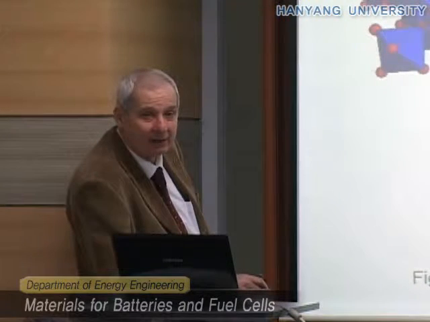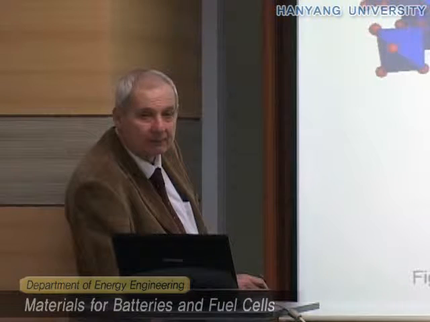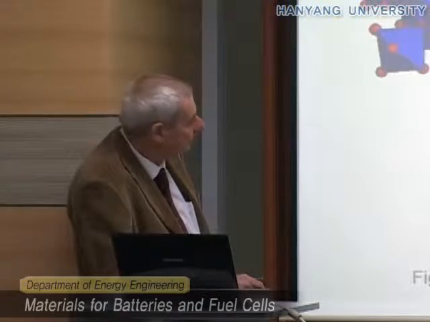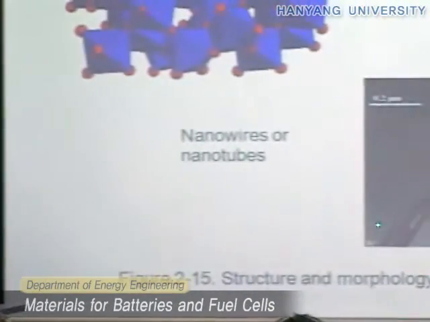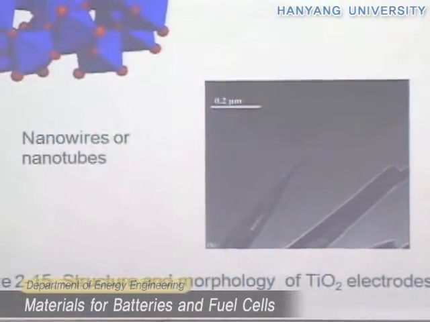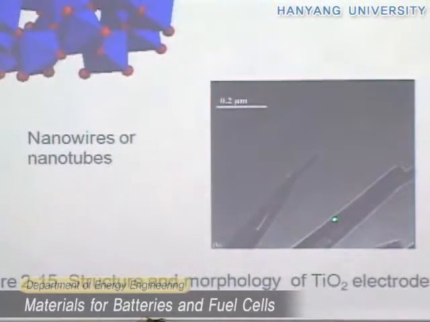And this is a very common approach now in electrotechnology. Why do you want to go to a nanostructure? Well, suppose for instance, look at these TEM pictures, and you see that this illustrates the structure that has been adopted by this electrode, and this is a very thin wire.